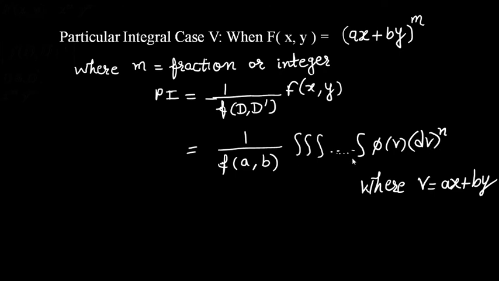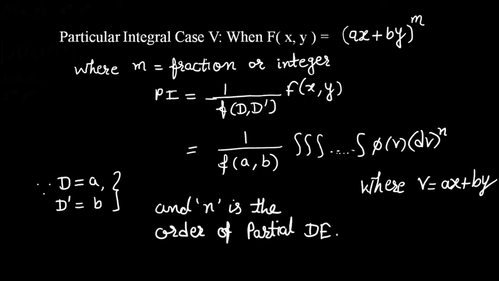Now here integration n times because we consider the nth order of the partial differential equation. If the order of the given differential equation is 2, then you write down here double integration, that means the value of n equal to 2, and here substitute n equal to 2, dv square term. In this way we apply this method for solving the problem of the fifth case.